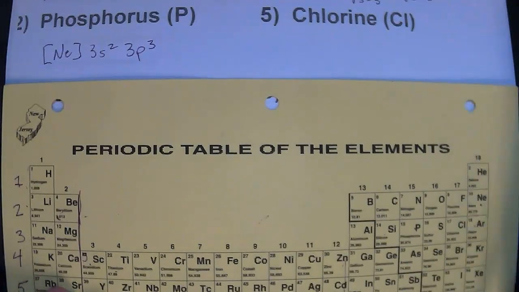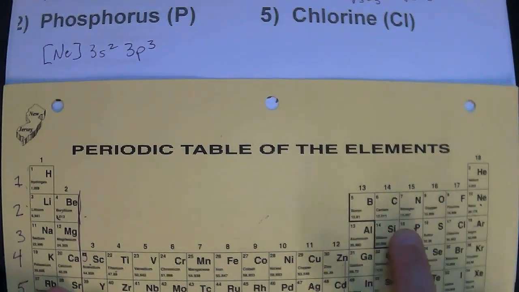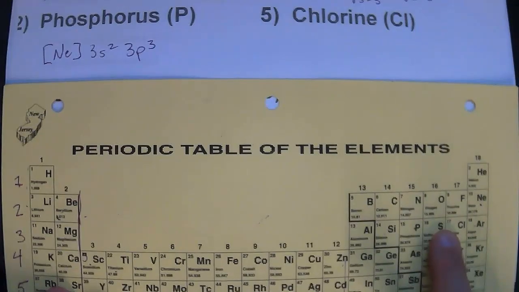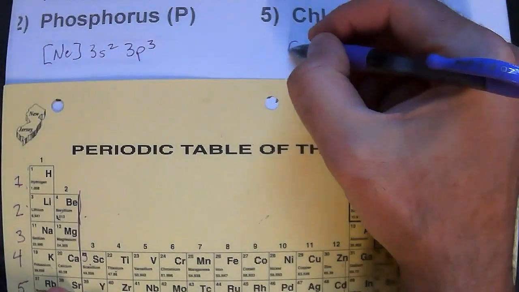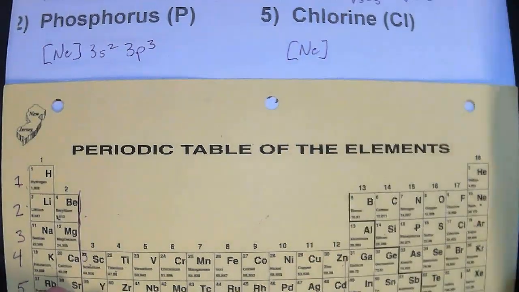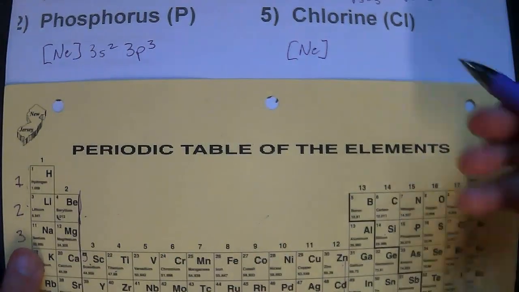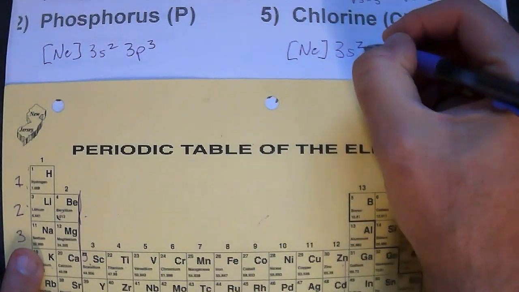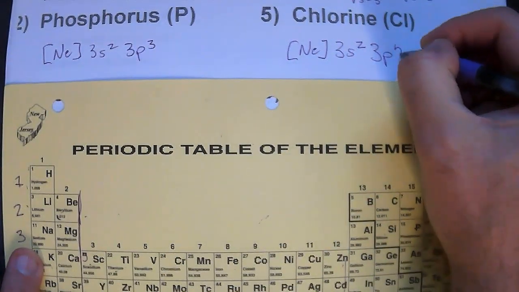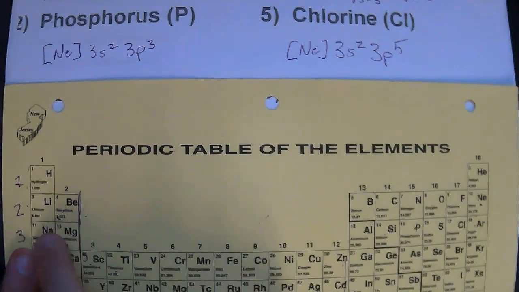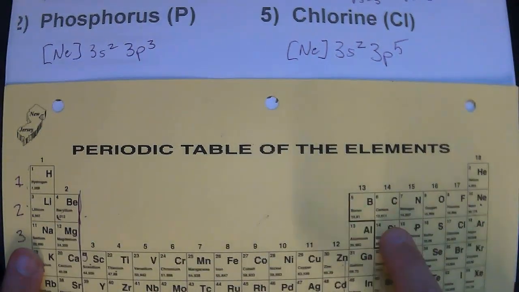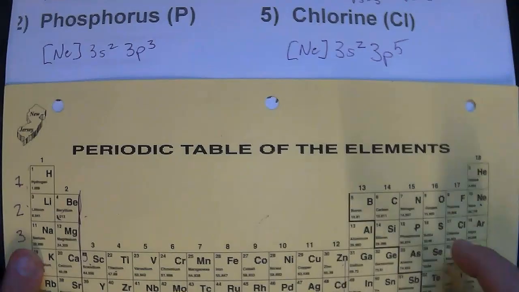Chlorine is in the same period as phosphorus, so that's also going to be neon as the noble gas. Now we pick it up with, we were at 10, so we go down to 11, so that's 3s2, 3p5, right? Because we 3s2, 3p, 1, 2, 3, 4, 5, made the big leap.